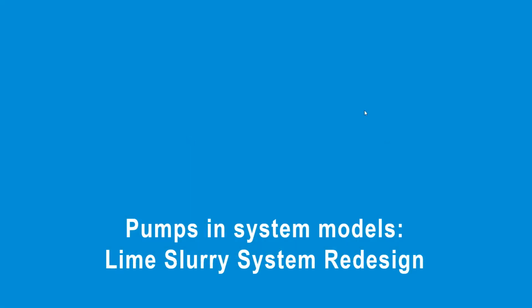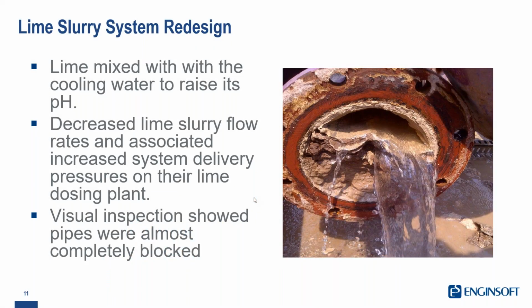Okay, we can now have a look at another example. So the lime slurry system redesign. In this case, you have a slurry flow. Slurry flows are flows where you have, for example, water with lime in this case.